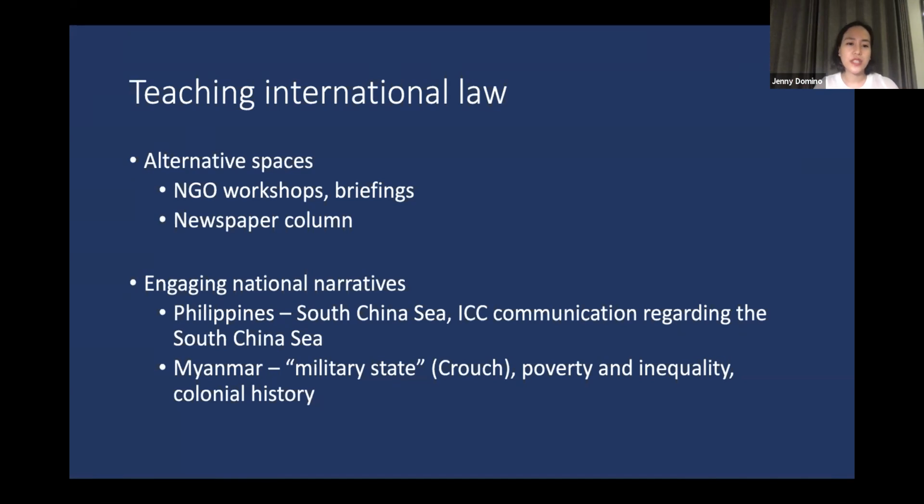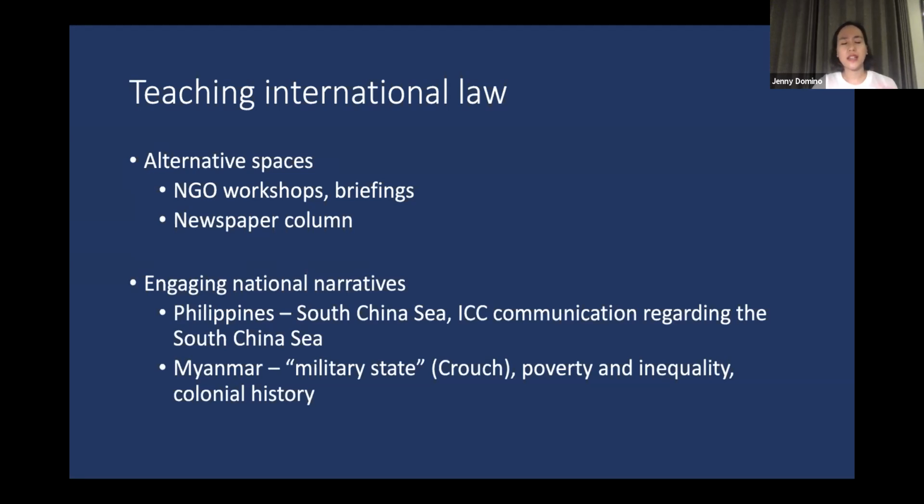First, I think you need to engage national narratives. In the Philippines, this means connecting international law to issues that are important to many Filipinos, for example, the South China Sea issue. In fact, in 2019, a handful of legal luminaries in the Philippines submitted a communication to the ICC prosecutor to look into possible crimes against humanity committed by China in the South China Sea.